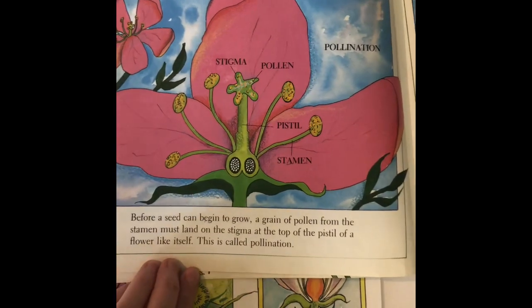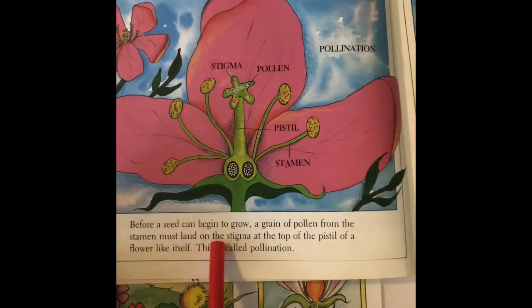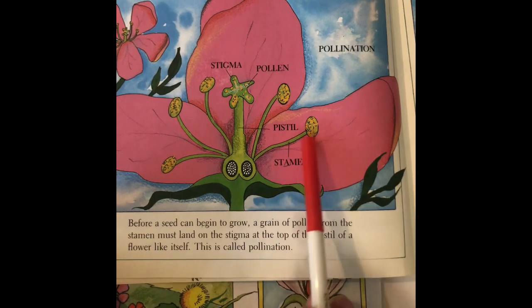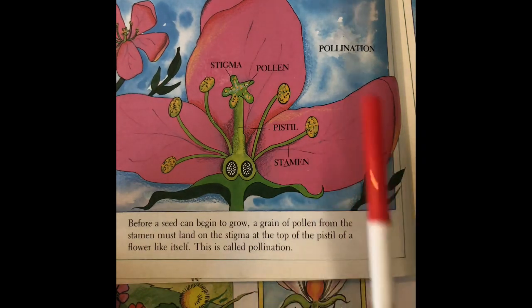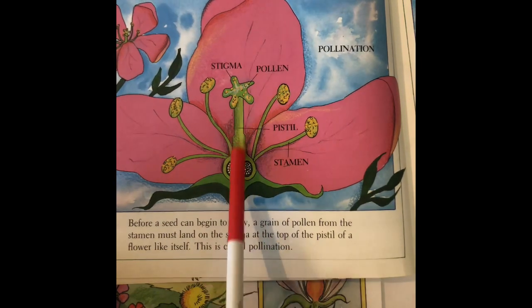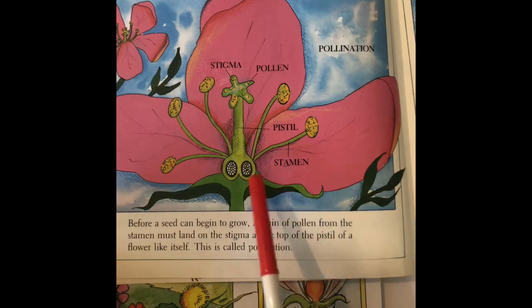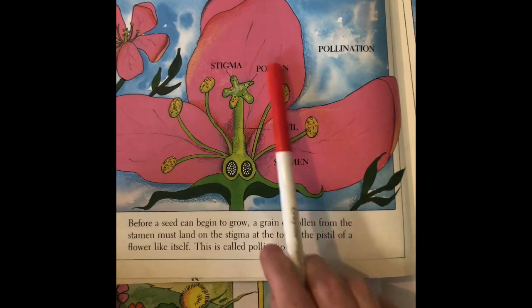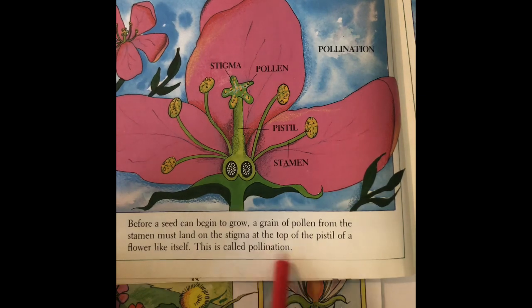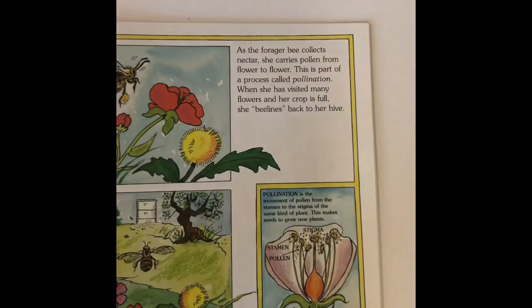Let's reread this page. Before a seed can begin to grow, a grain of pollen from the stamen must land on the stigma at the top of the pistil. This is the pistil, this is the stigma. The stamen, the pollen needs to get over here. This is called pollination.